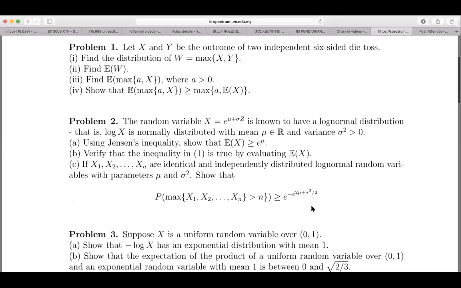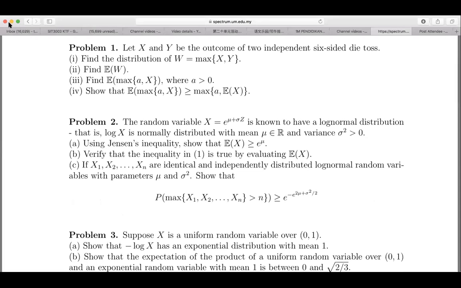All right, okay. So then question 2, basically it's just using inequalities, yeah, and some calculus work. It should be simple enough for this one. Anybody wants to try this?